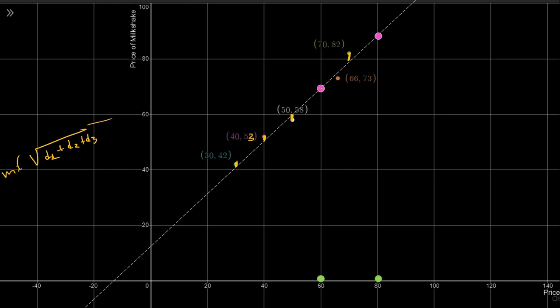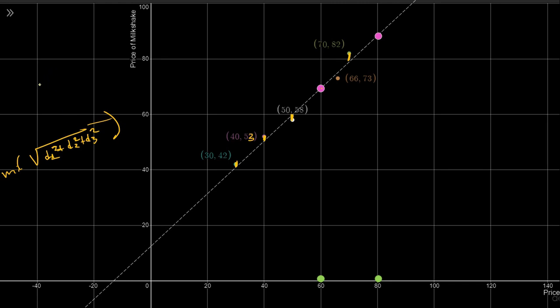The line with the minimum distance is my best estimation. This is why we call it a least squared problem, because we want to minimize this term. Anyway, this is where the name came from.